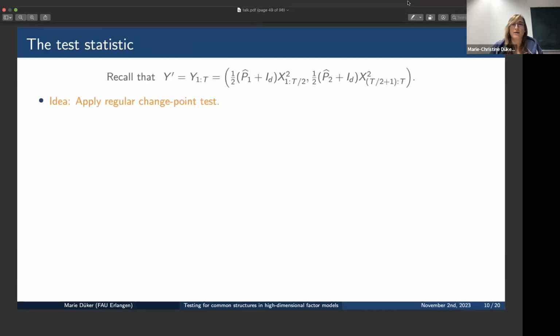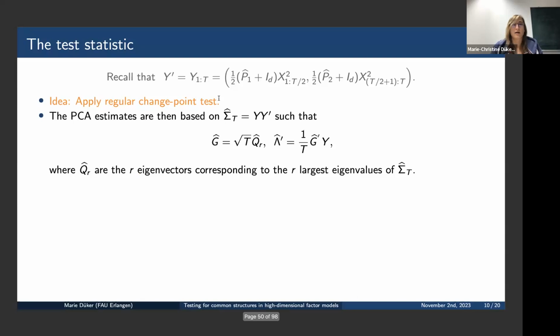So again, now that we have our transformed series, the idea is to apply a regular change point test. To apply a regular change point test, again, recall our PCA estimates.